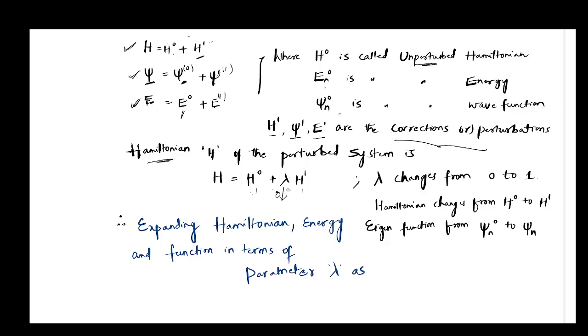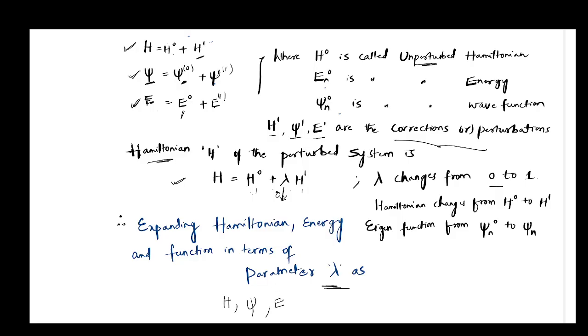Lambda is a constant changing from 0 to 1, which gives the strength or order of the perturbation. We will try to expand the Hamiltonian H, wave function psi and E in terms of the parameter lambda.